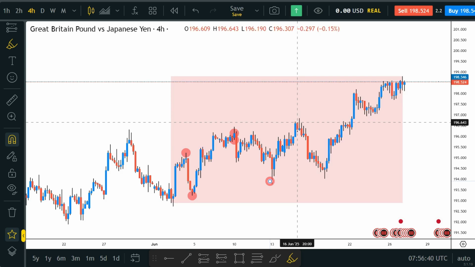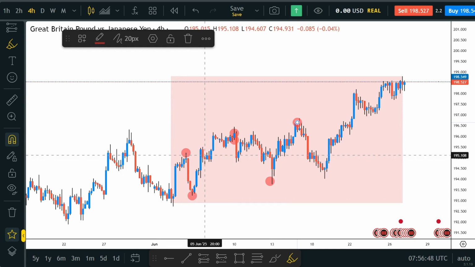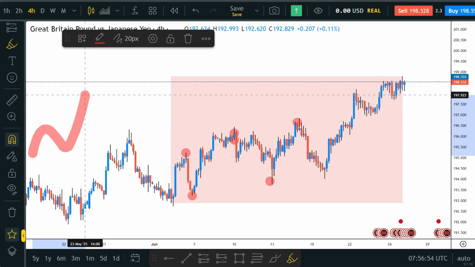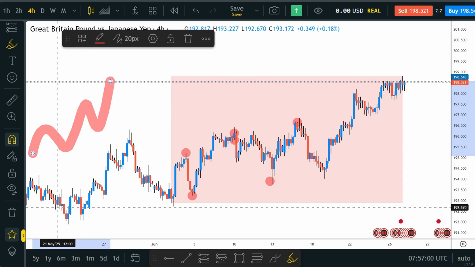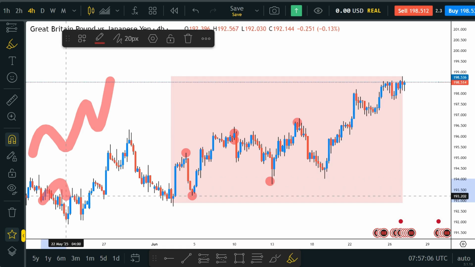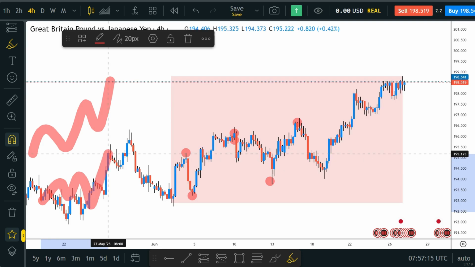So sometimes the waves which are forming an uptrend cannot be as you expect, like this one. Wap, wap, wap. Sometimes you can find that the market will be making some higher high, some higher low, then the market will make a higher high, then the market will make a lower low, then the market will come and make a high.